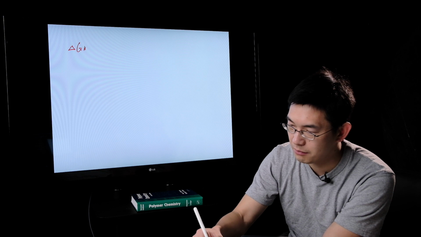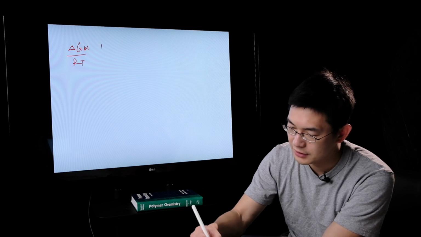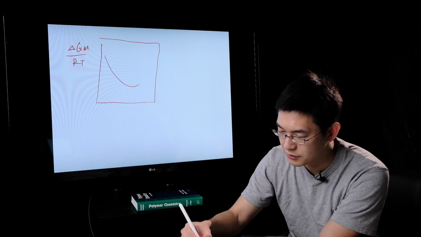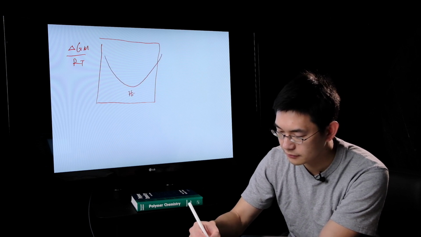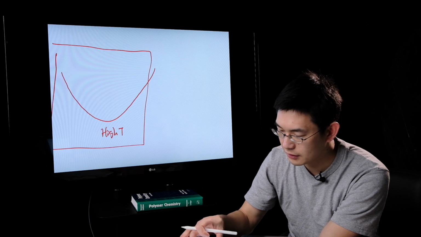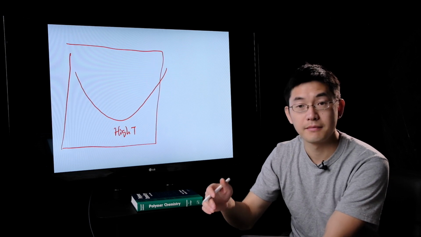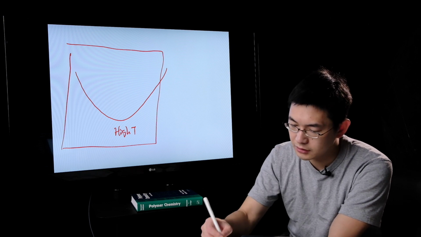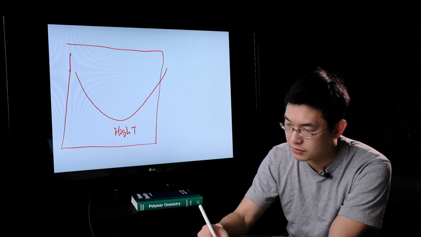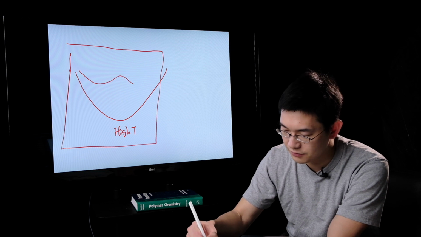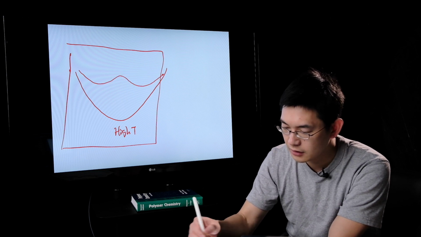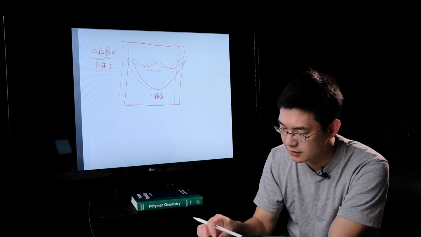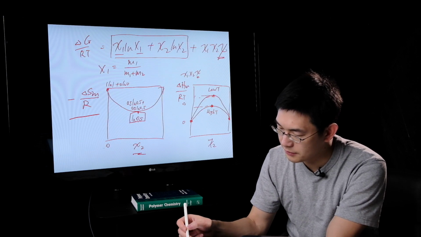But if you combine the last two curves at a high temperature, you would have almost a perfect parabolic curve, and at low temperature, by adding these two together, you might have a local maximum.